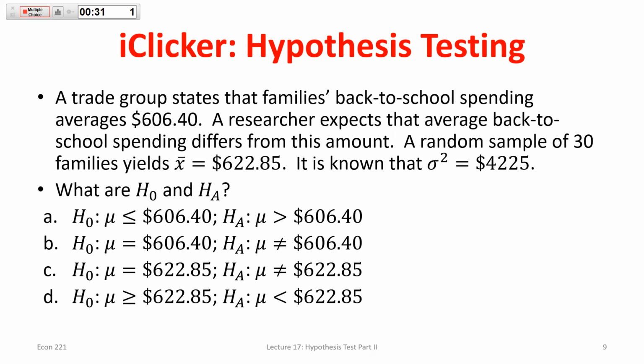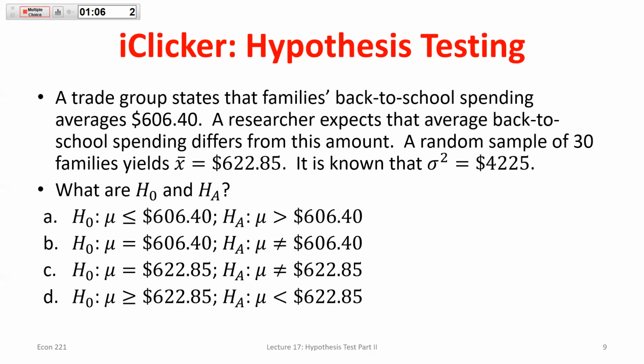I take a sample of 30 families, and the sample mean is 622. So it varies a little bit from that stated amount, and I was given a population variance somehow. Wait a second, this isn't very realistic, but we'll look at examples with a sample variance later. If I'm trying to test whether the true mean differs from that stated $606, I want to test whether it is something other than 606, so not equal to.